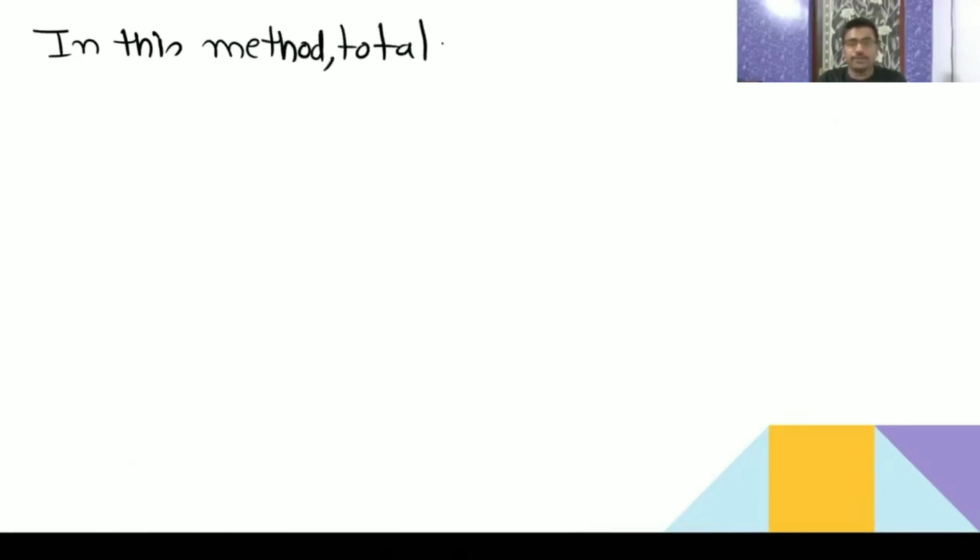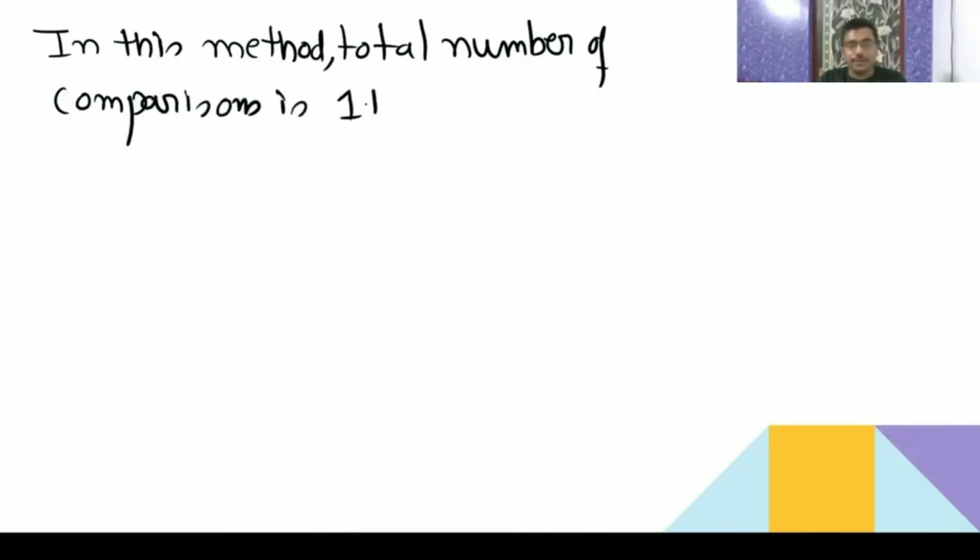Understood? So in this method, the total number of comparisons is 1 plus 2 into n minus 2.